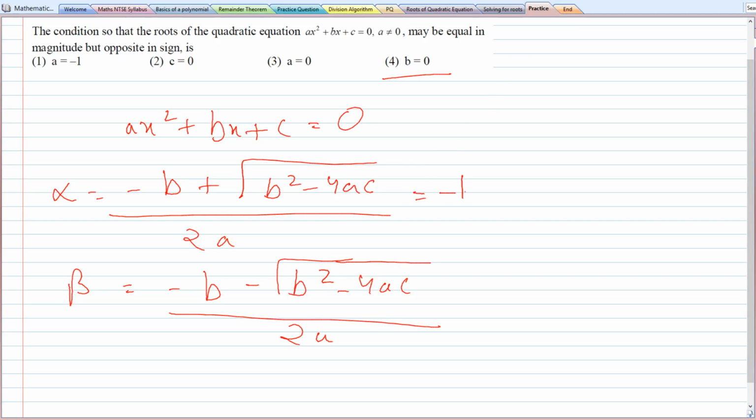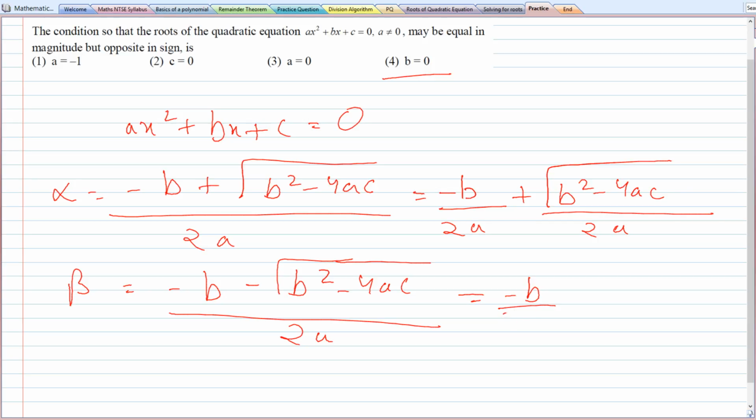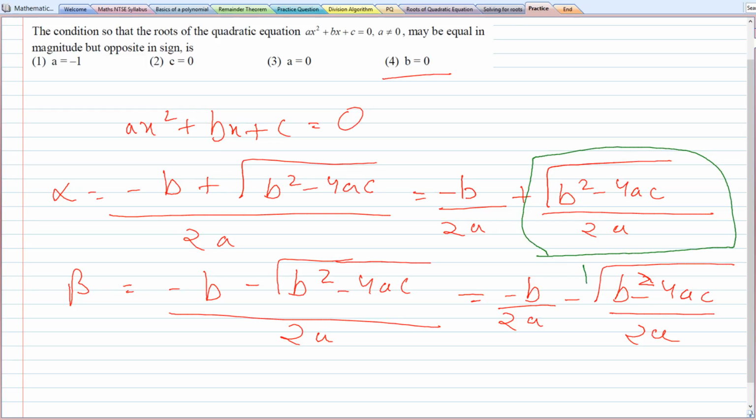If I split this, I can write it as minus b upon 2a plus root b square minus 4ac upon 2a, and minus b upon 2a minus root b square minus 4ac upon 2a. So if you look at these two values of alpha and beta, this part is the same in both.